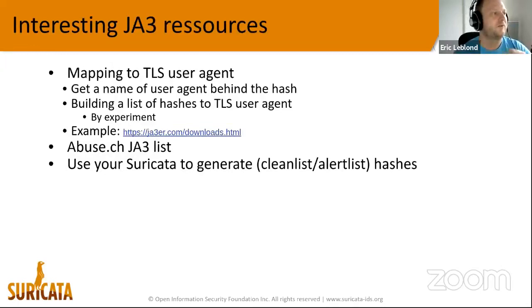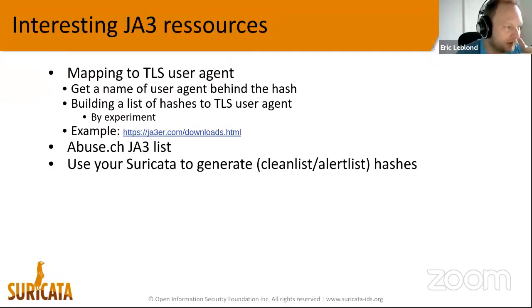What you can do with this hash, as we have seen previously, is identify bad client implementations, and you can also do a mapping from this GS3 hash to a user agent name, because this way you can identify Firefox 64 or Chrome 32 or 33. That's quite interesting to identify your resources in the network, because you get to a real software name.